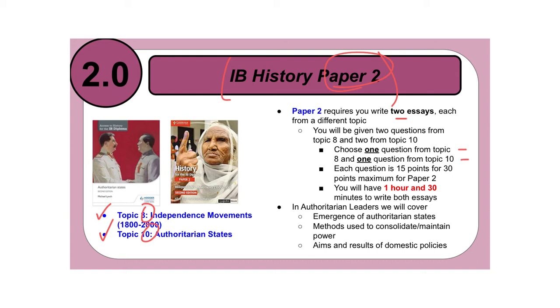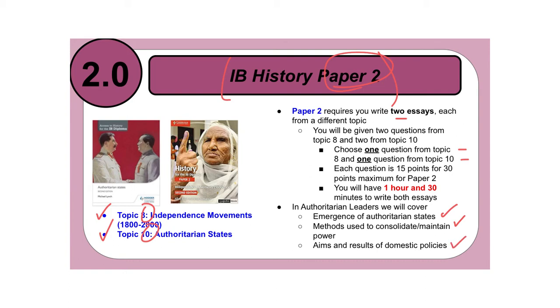In the authoritarian leaders unit, you will be asked to do the following 3 things in terms of Adolf Hitler in this particular case study, and then the leader that you're going to study on your own. You're going to be required to explain the emergence of authoritarian leaders, the methods used to consolidate and maintain their power, and then the aims and results of their domestic policies.